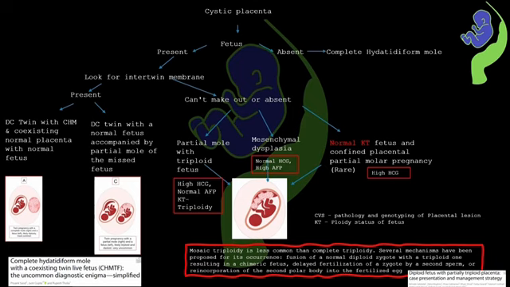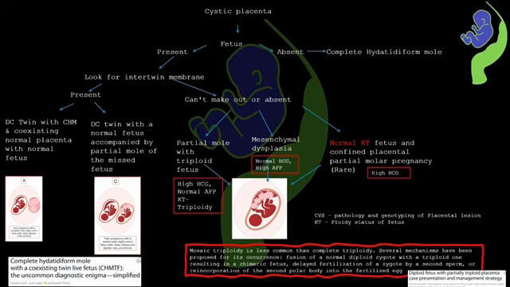Now when we see a cystic placenta and the fetus is present but the intertwining membrane cannot be made out or is absent, then the situation becomes more complex. Here we are looking at a structurally normal or growth restricted fetus, especially severe asymmetric IUGR, associated with a placenta that shows cystic changes. With this scenario, we have three major differential diagnoses.